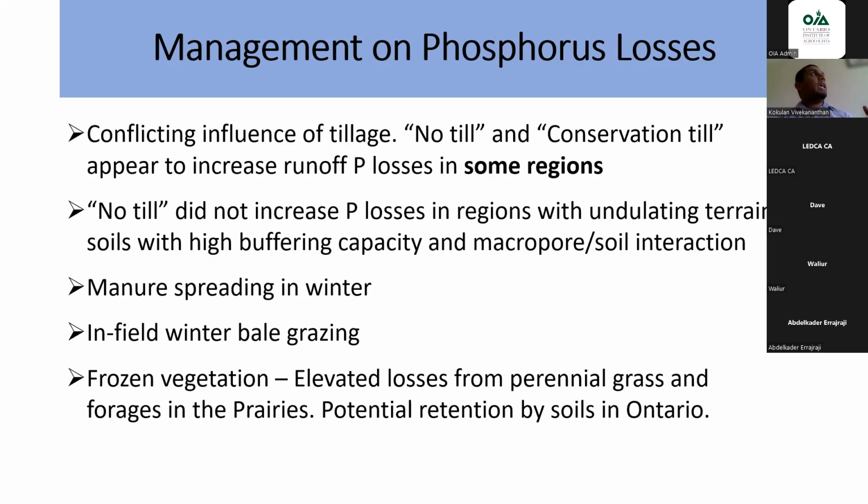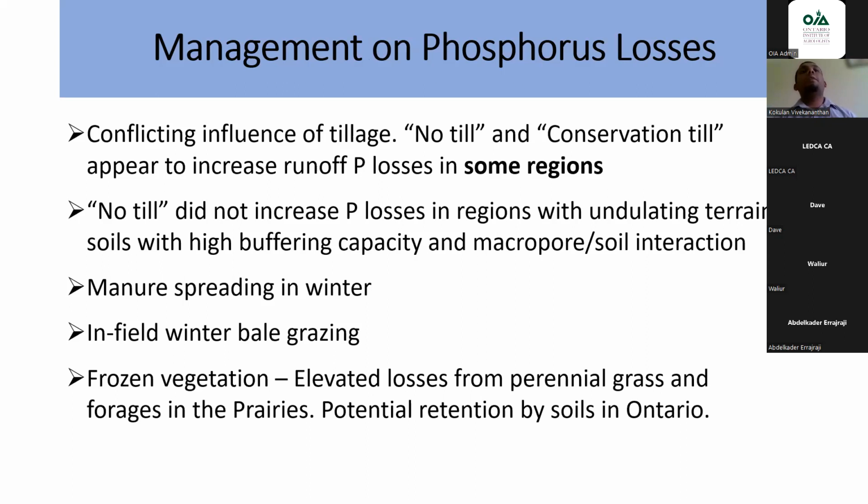That's because of stratification of phosphorus on the soil surface, and also in no-till, the plant stubble could retain more snow, increasing runoff volume. That could also result in more phosphorus losses. And in no-till, we do not disturb the macropore or preferential flow pathways, so when you have subsurface drainage, that's going to contribute to more phosphorus losses.